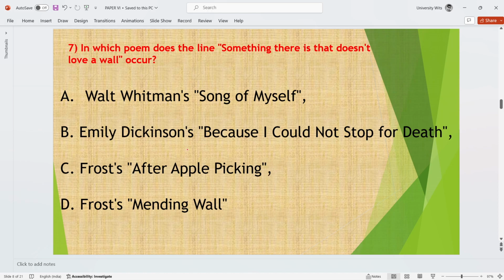I don't think walls are there. Okay, and Robert Frost's After Apple-Picking was there. This is another work which reflects on the speaker's exhaustion after harvesting apples, with no mention of walls.